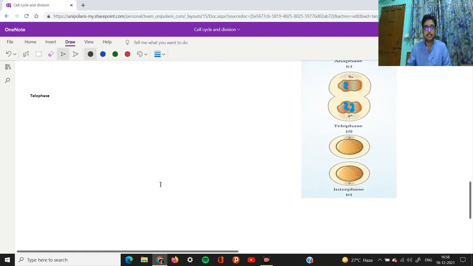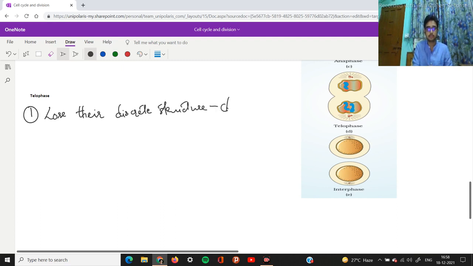So finally, what happens in telophase? Anaphase is a very small event, right? In telophase, these chromosomes have already traveled to their poles, and they lose their discrete structure.